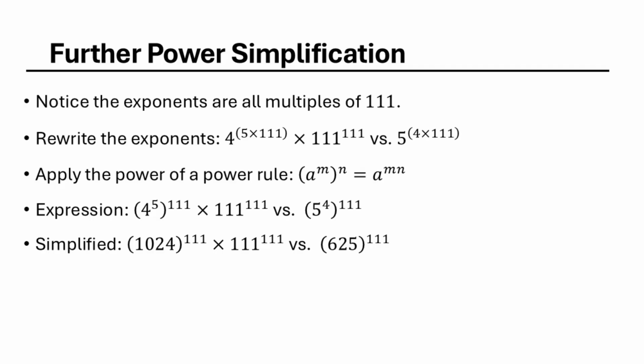Now we just need to calculate the values inside those parentheses. 4 to the power of 5 is 1024. And 5 to the power of 4 is 625. So, we are now comparing 1024 to the power of 111, times 111 to the power of 111, against 625 to the power of 111.